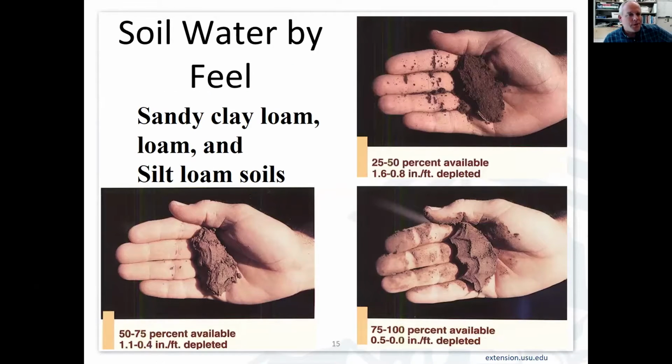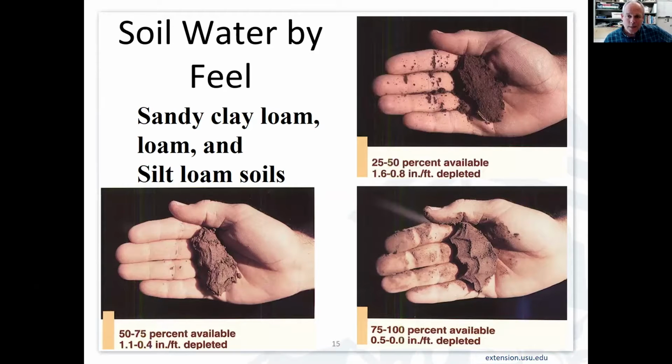How do we measure how much water is in the soil? There are different methods. This is a little guide that I found online where you can pull up a handful of soil and squeeze it, and based on whether or not you can squeeze moisture out and how well that ball of soil holds together, you get an indication of how much available water there is. Again, this is going to depend somewhat on your soil type.